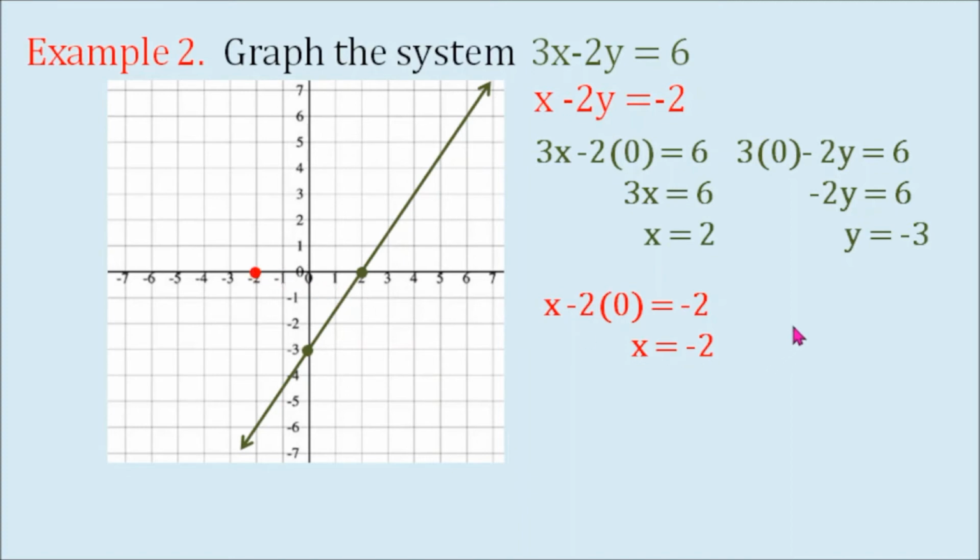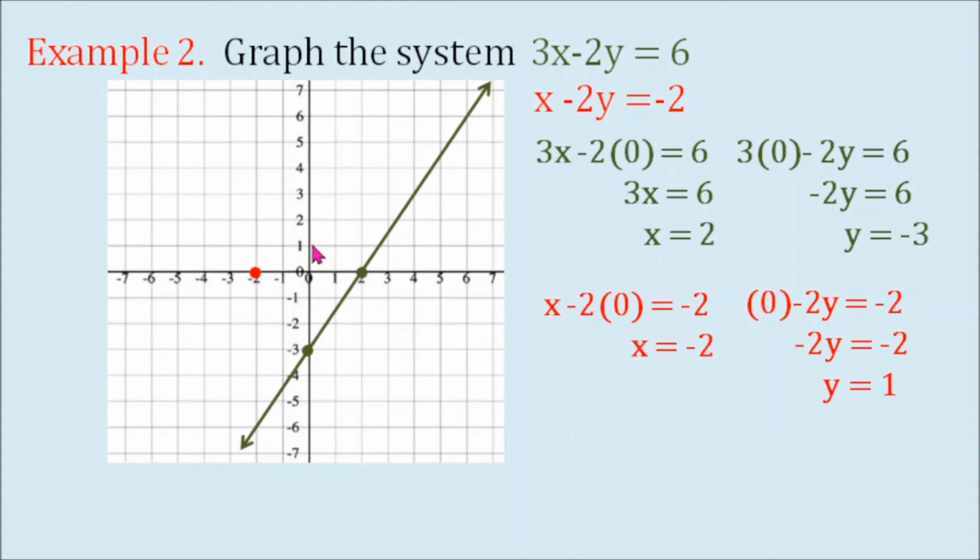Then we are going to find the y-intercept. The y-intercept is the value of y when x is 0. So we are going to substitute this x here with 0. So we have 0 minus 2y equals negative 2. And this is 0 anyway, so we have negative 2y equals negative 2. Dividing both sides by negative 2, y equals 1.